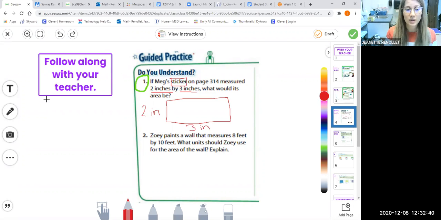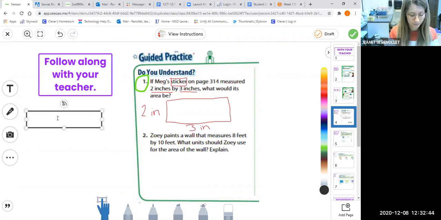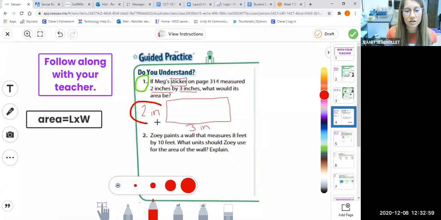Here's how you can do it. You can find the area by multiplying the length times the width, L times W. So in our problem, I notice that there's a 2 and a 3 as a length and width.